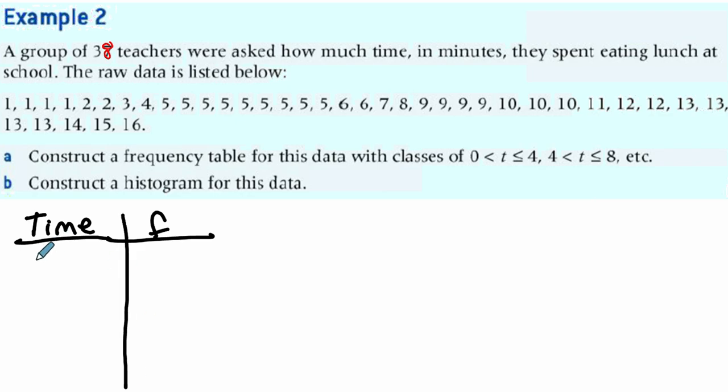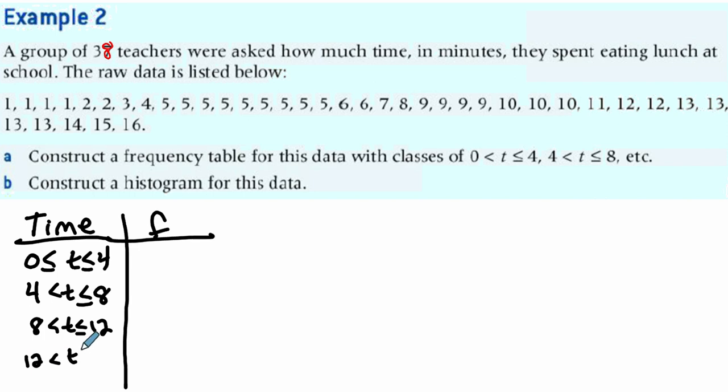In our time, we're going to go from 0 to 4, and then from 4 to 8, including 8, then from 8 to 12, including 12, and then from 12 to 16, including 16. Just be consistent with which endpoint you are including. Otherwise, you're going to have skewed data from that. So if you are including the right endpoint, keep including that right endpoint.